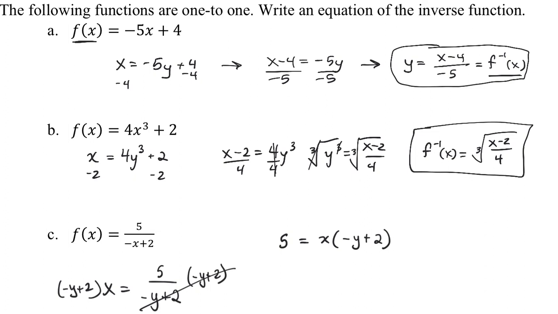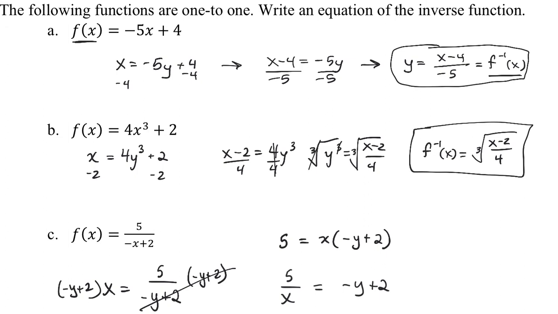We could divide by x. What are the options here? We have a parenthesis. We could distribute the x, or we could divide by it. Let's divide by it, see what it looks like. So if we divide both sides by x, that's going to give us 5 divided by x equals the opposite of y plus 2. Okay, not so bad.